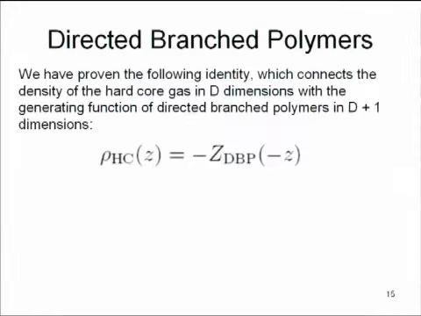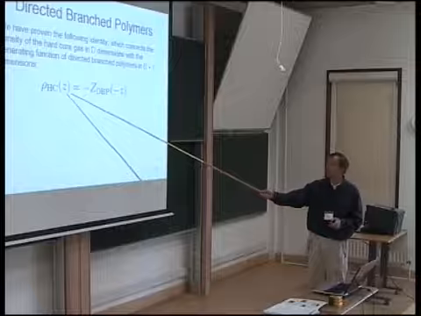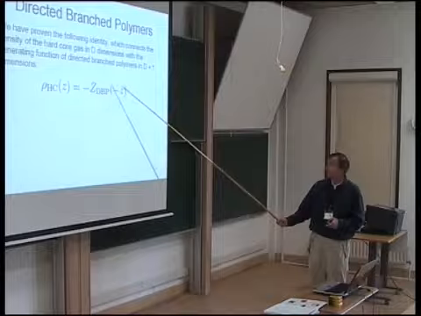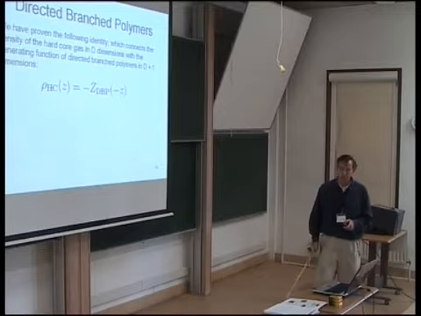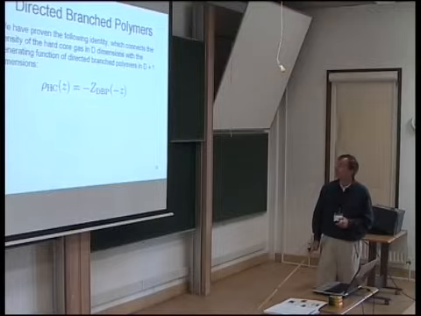But nevertheless, actually that's where the interesting critical phenomena goes on in the hardcore gas because of the alternating nature of the Mayer expansion. So what we see then is that the critical phenomena at negative activity here is the same critical phenomena that we see in one more dimension for this directed branch polymer problem.